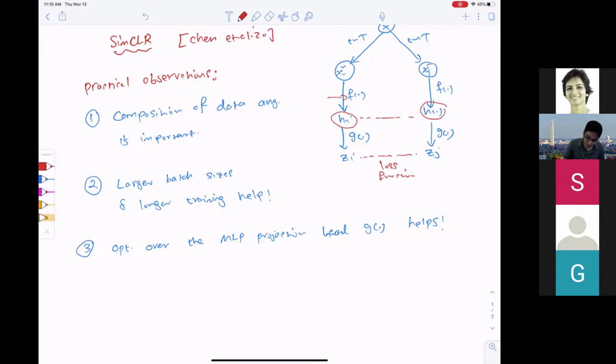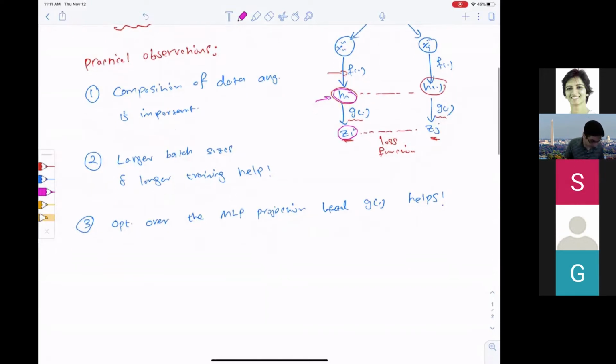What they propose is that they apply another nonlinear function, they obtain Z's, and they define the contrastive loss function on top of Z's. It would be okay, similar to the previous cases, if Z's would be considered as their embeddings, but they consider H's as their embeddings. And I'm sure they have evaluated both of them, and the quality of H's are better, and that's why they are doing it this way.